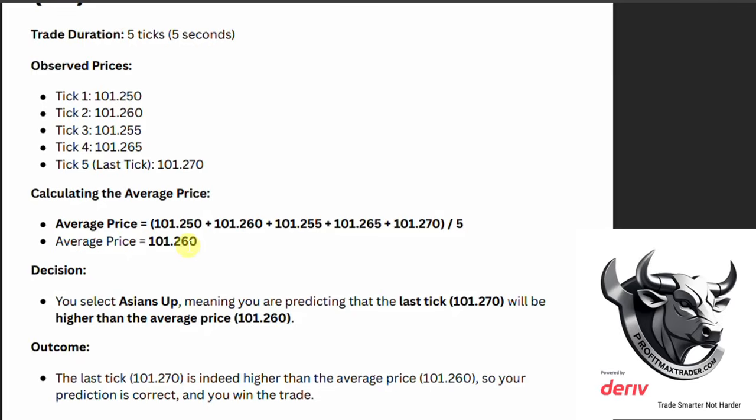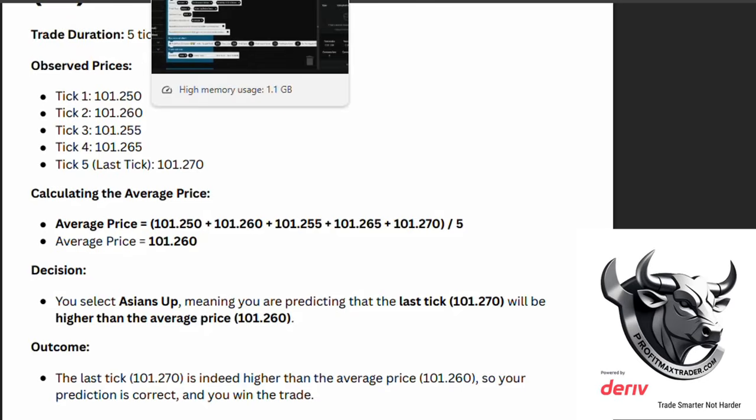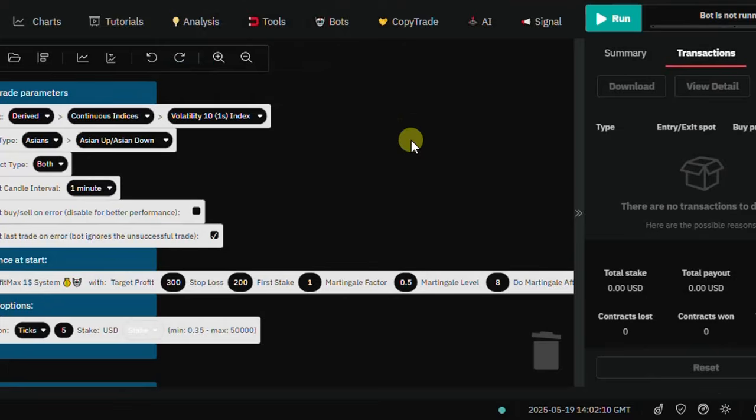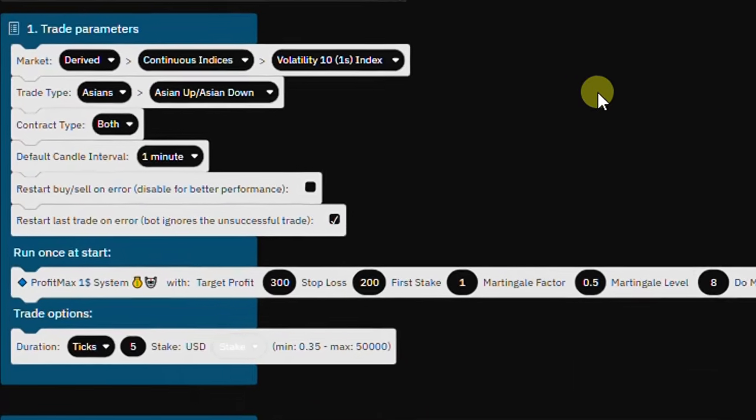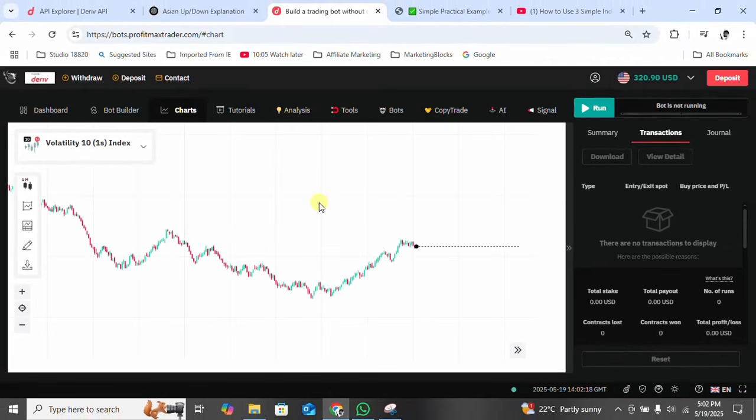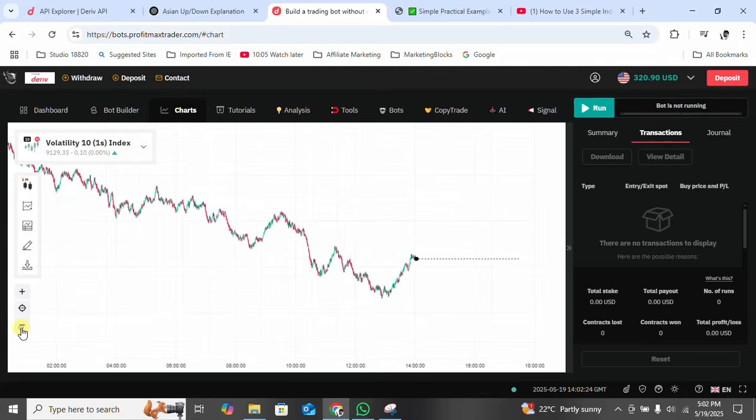Okay, now with that said, let's go back to our bot section. How do we determine whether we can enter for an Asian up or Asian down? Come to charts here, and then of course have the candlestick formation. I think I showed you guys how to do that in the previous video.